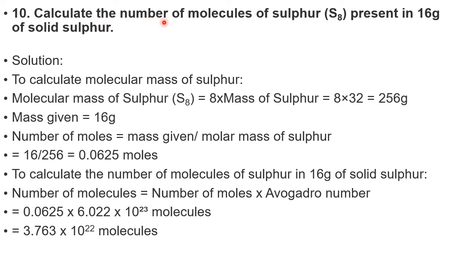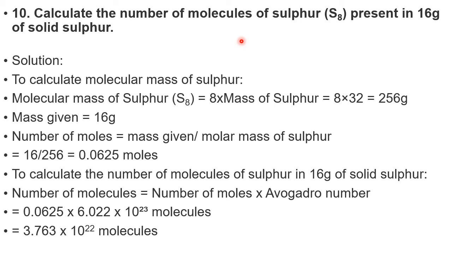Calculate the number of molecules of sulfur present in 16 gram of solid sulfur. How many sulfur molecules are there in the 16 gram of solid sulfur sample? Sulfur occurs in the S8 form, because we have studied under the atomicity chapter.